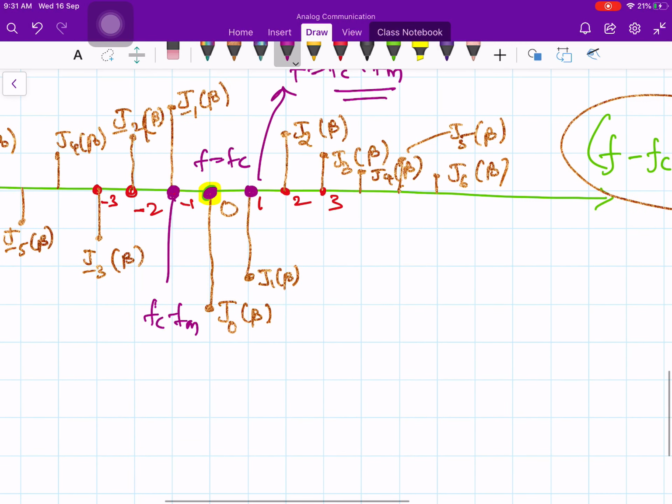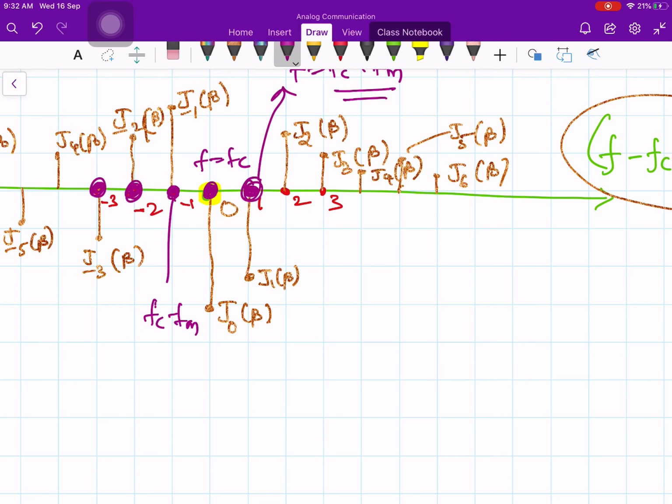Therefore this point denotes the component at the carrier frequency, and this point denotes the component at fc plus fm, and this one denotes the component at fc minus 2 fm, and this denotes fc minus 3 fm, and so on. So the components are fc minus fm, fc minus 2 fm, fc plus fm, fc plus 3 fm, like that it goes. And as you can see, J1 of beta and J minus 1 of beta have opposite signs.